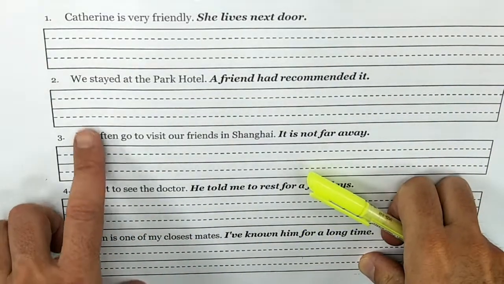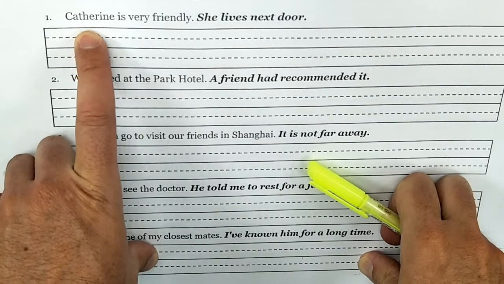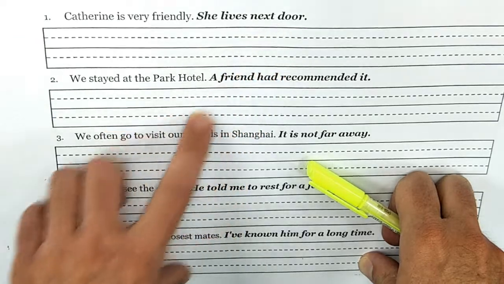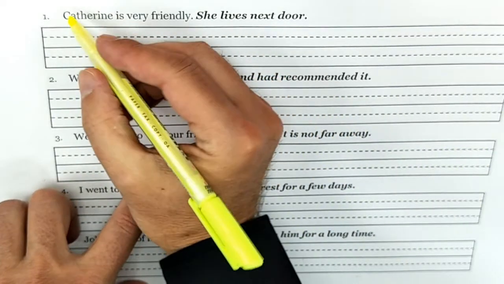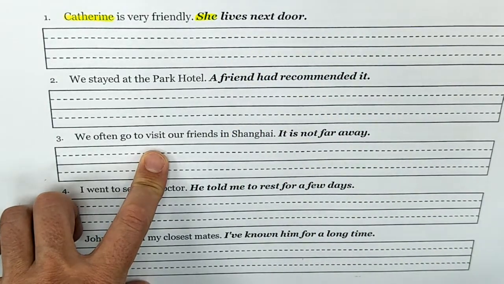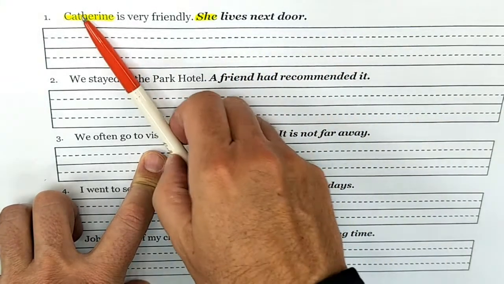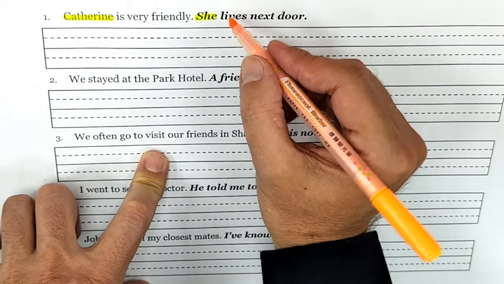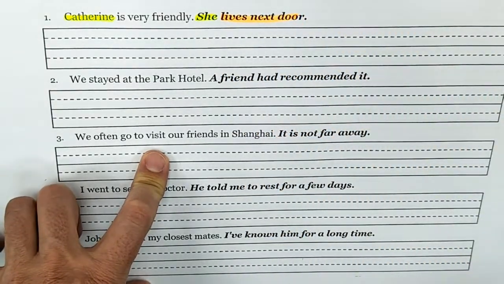Okay, let's begin. Number 1. Catherine is very friendly. She lives next door. Catherine is the noun, and she. All right, now Catherine, we're going to describe Catherine and we're going to use the sentence lives next door.